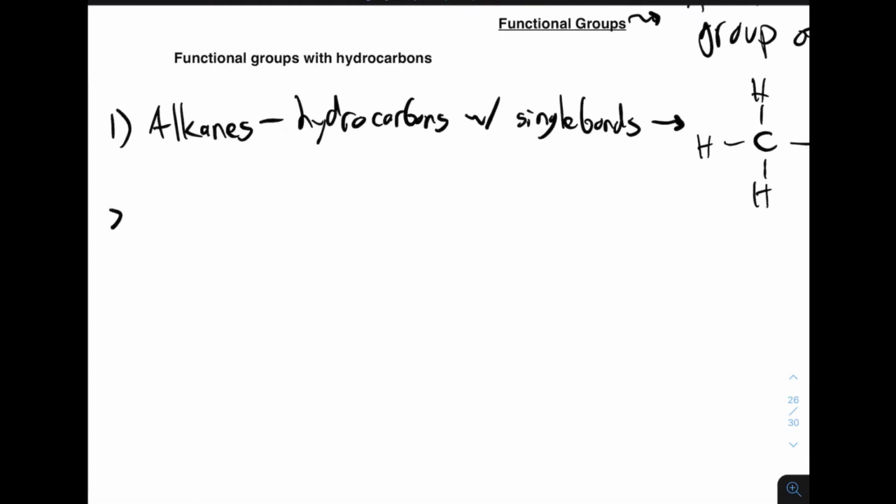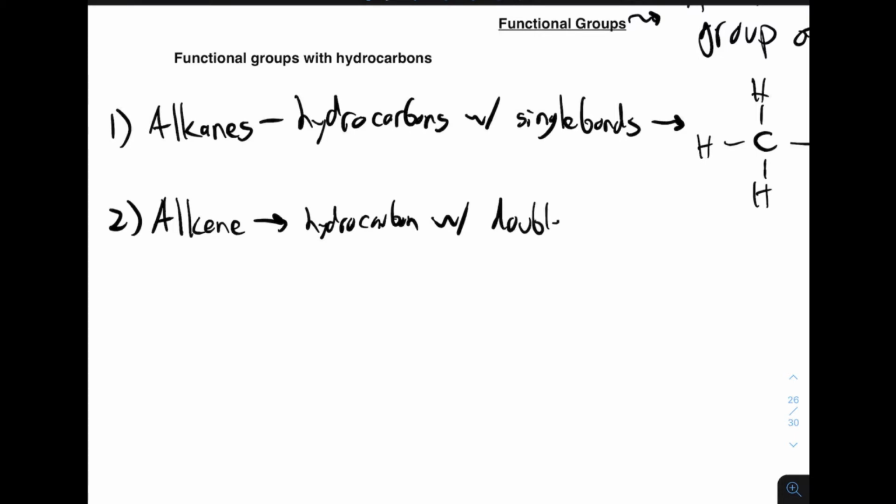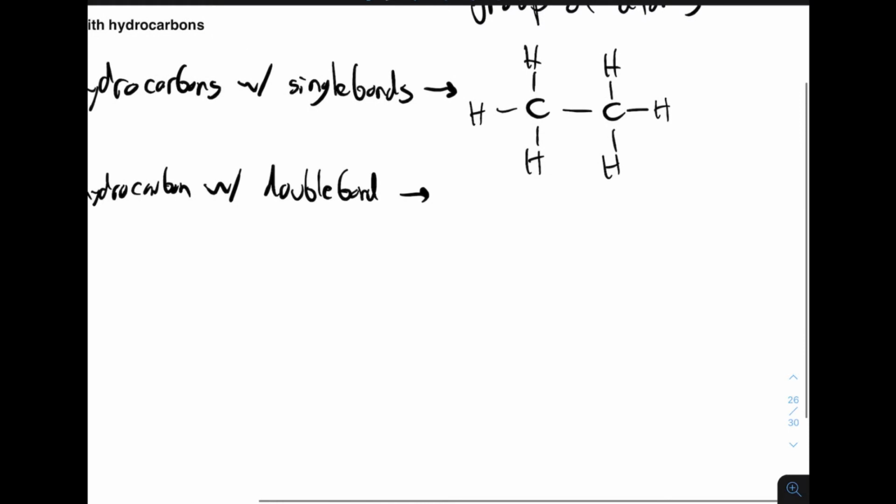And so if we were to instead have a double bond, what would that be called? A hydrocarbon with a double bond. As you can imagine, it would look like this.